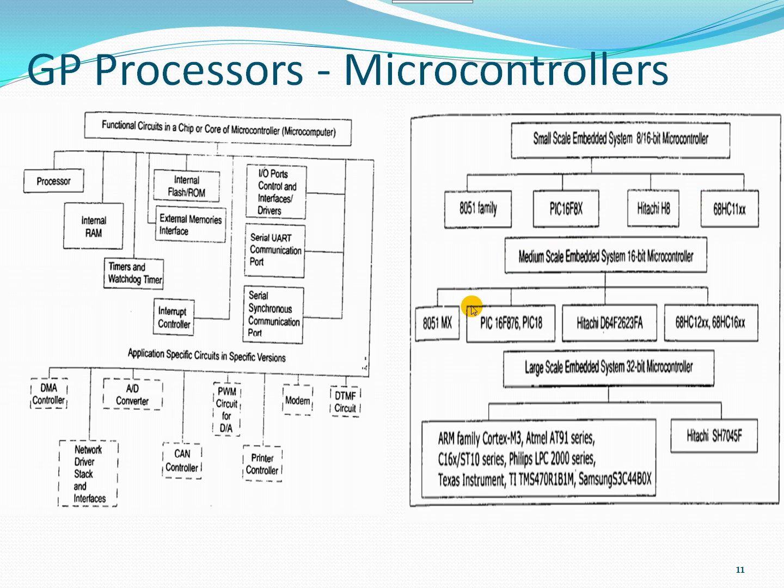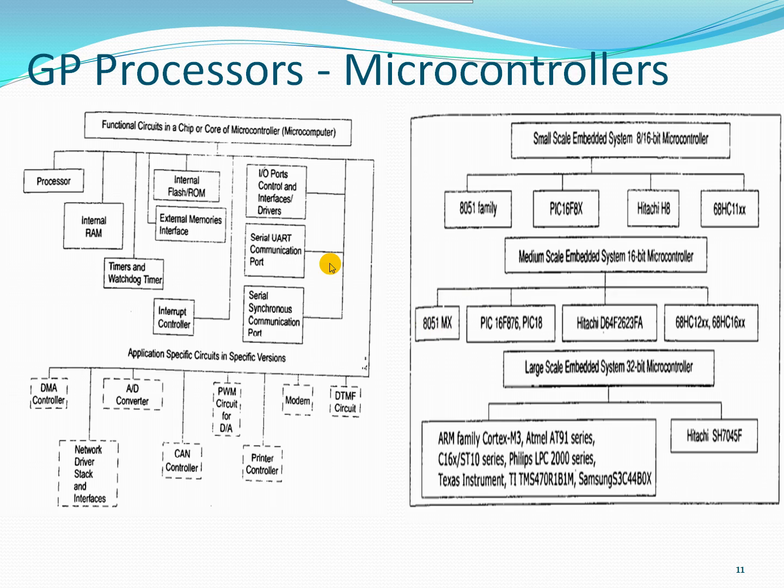For the medium scale embedded system 16-bit controllers, we can have an 8051 MX type processor, because this 8051 is going to be a robust and very low cost processor. But if you are going for this particular 8051, the military applications and all the medium scale very fast processing applications require this 8051 MX processor.